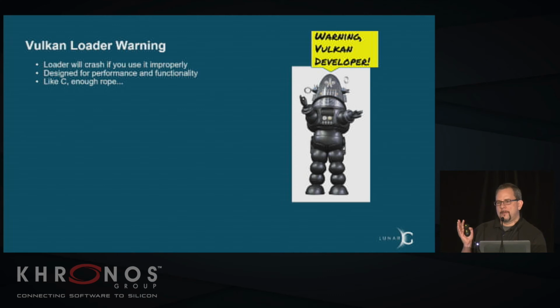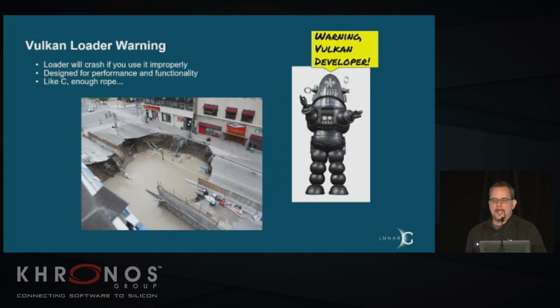Or if your device has 2 physical devices on it, and one supports a whole bunch of new extensions, the other one does not support, and you set up the dispatch table for the one that supports all the extensions, but call it with the device that doesn't, it's going to crash. So it's going to give you enough rope to hang yourself.